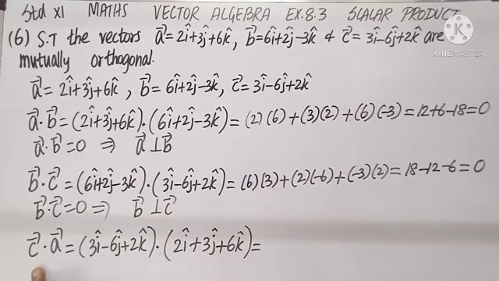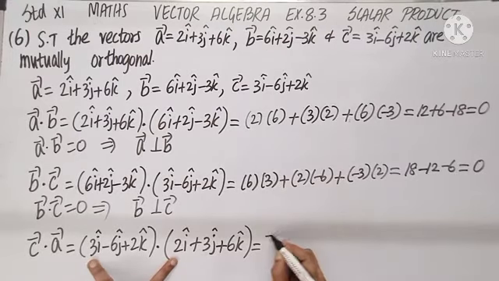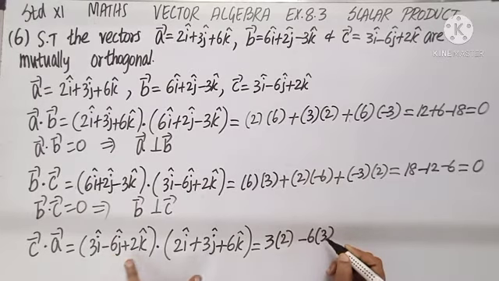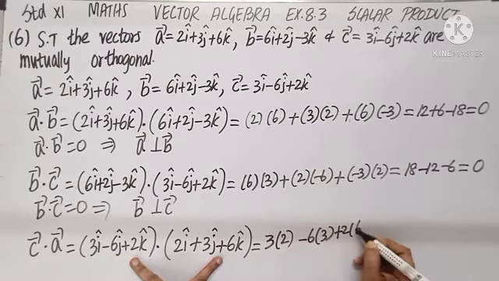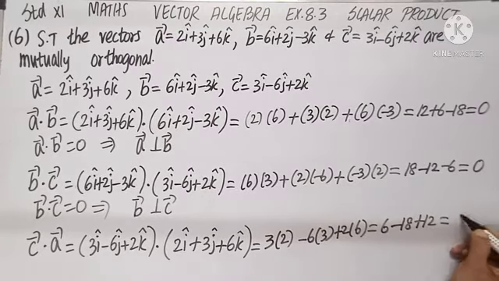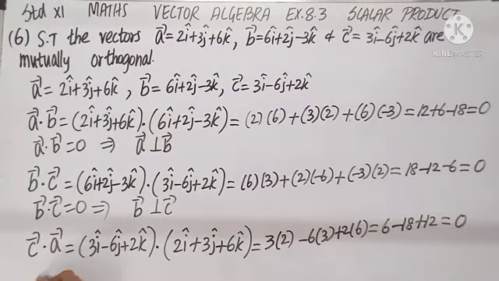Now let us find out C dot A. So finding C dot A, it is 3 into 2 minus 6 into 3 plus 2 into 6. We get 6 minus 18 plus 12. That is again 0. So I can claim C dot A 0 implies C vector perpendicular to A vector.